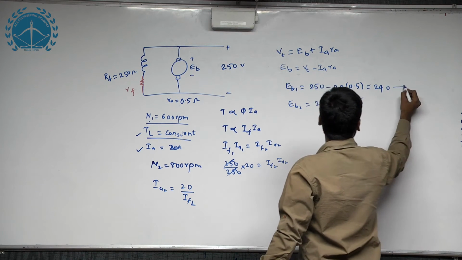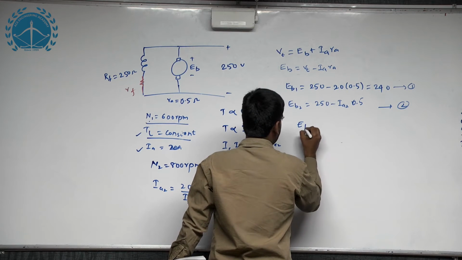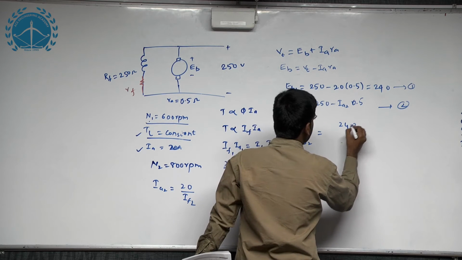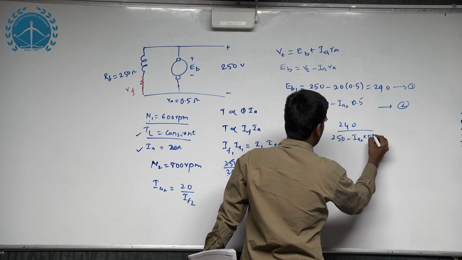Now dividing 1 and 2, Eb1 by Eb2 is equal to 240 by 250 minus Ia2 into 0.5.